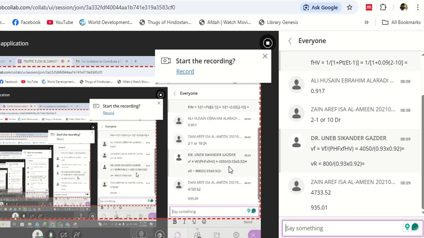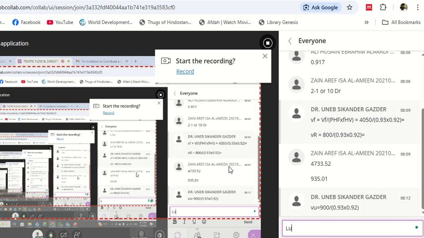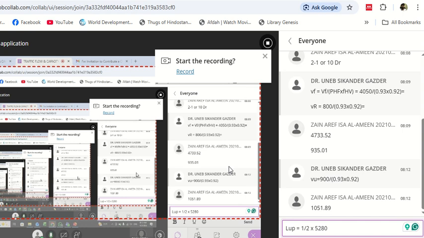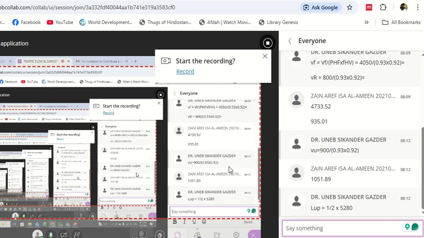So how much is this? So I'm calculating the flow rate and I'm converting the length into feet because the equation needs it in feet. Okay, and how much is this?